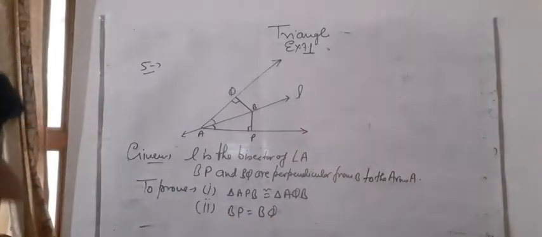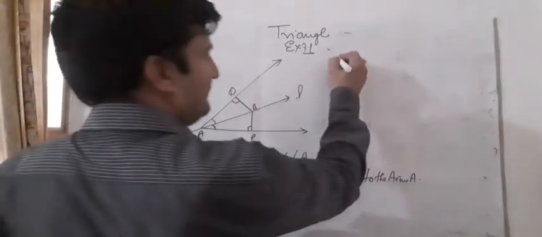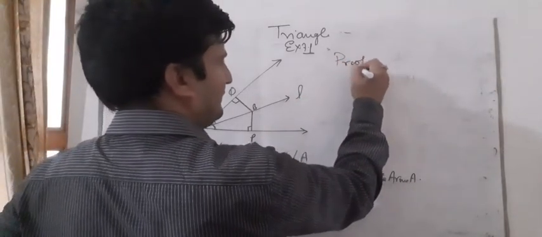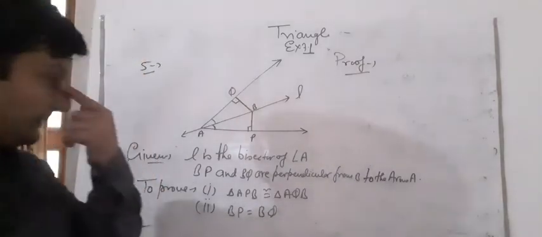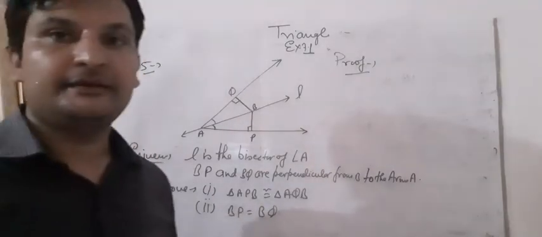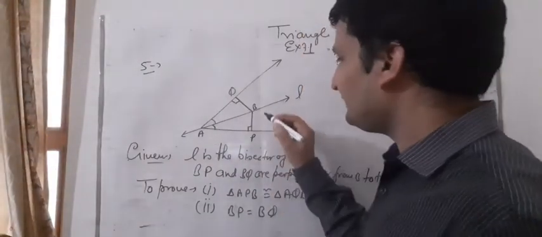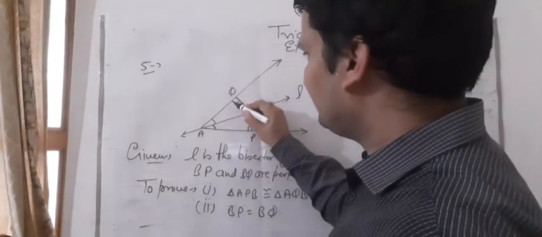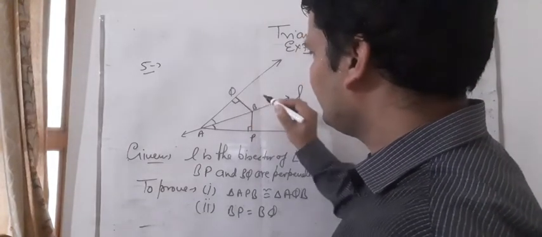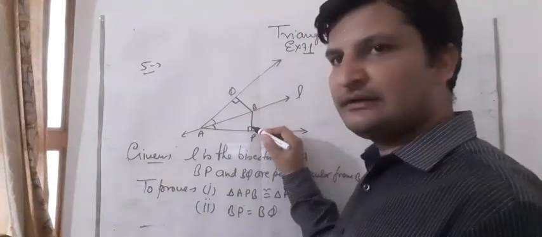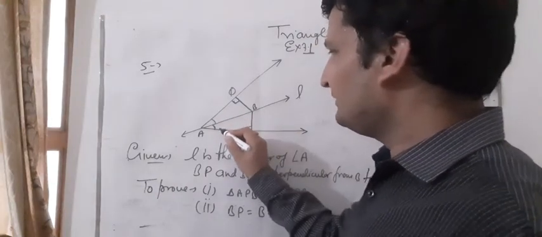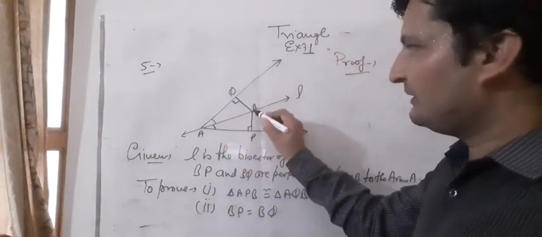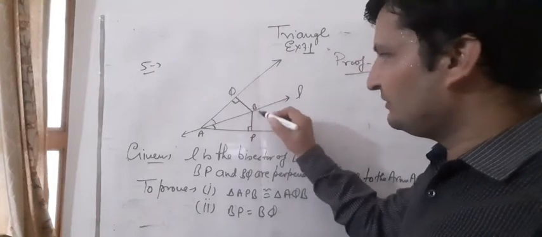Now students, what we have to do now, we will prove it. How we can prove it? So here it is given that this angle is equal to this angle, and this angle is equal to this angle, and we have to prove that BQ is equal to BP.